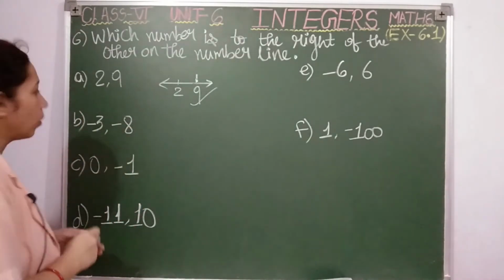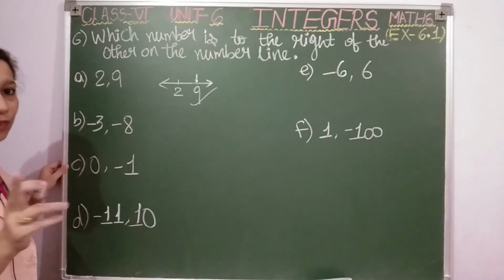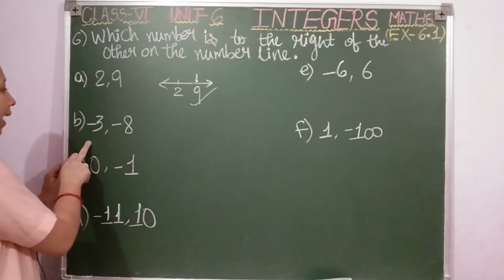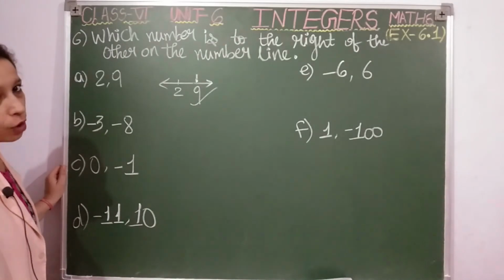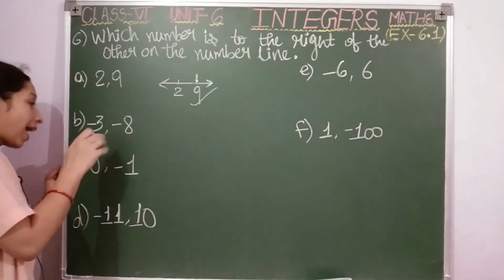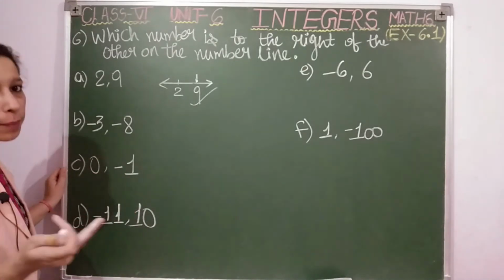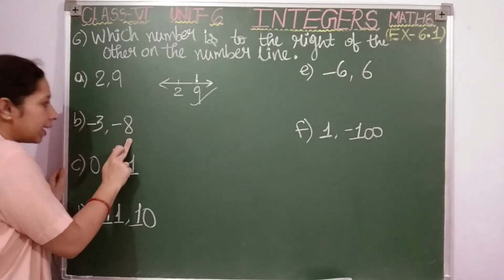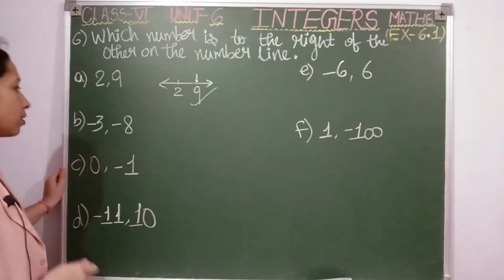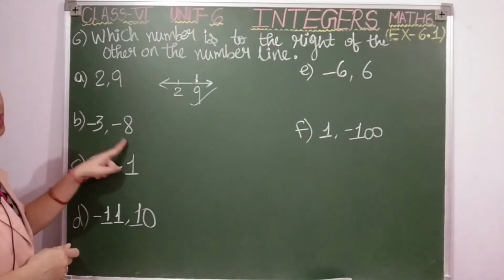For minus 3 and minus 8, which is the greater number, students? Here minus 3 is greater, and many times I have already told you why. Again I am repeating, as the negative number increases, its value decreases. So minus 8 is less than minus 3.